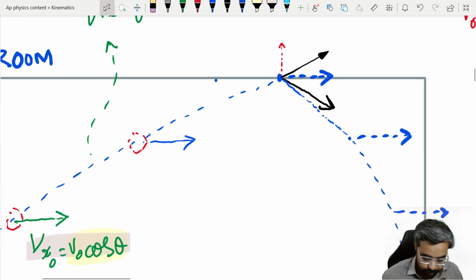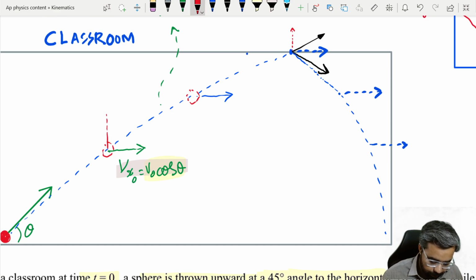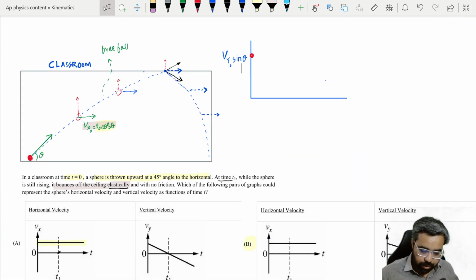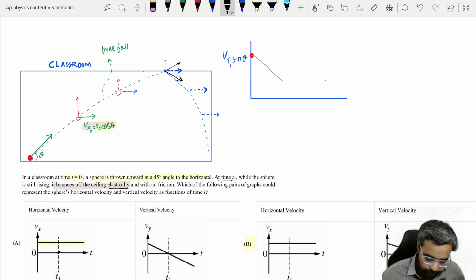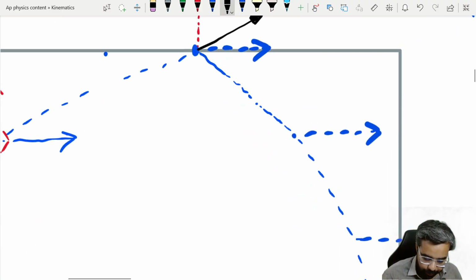It means this vertical component was changing overall, and it was decreasing, but it will not be zero. Before hitting, it still has some value at time t1. What happened at time t1 when it collided? Now you see this one arrow. I'll draw it again for you.